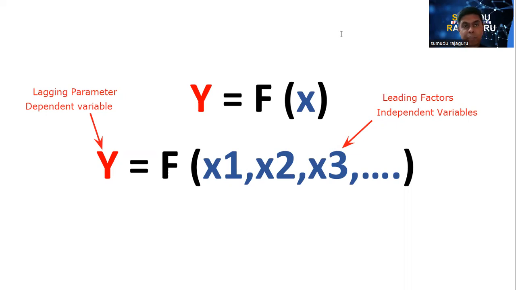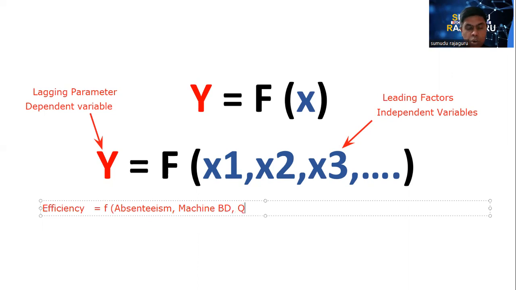We'll take some examples. Y is efficiency in the manufacturing field. Then Y equals F of several independent variables, for example, absenteeism, machine breakdown, quality issues.